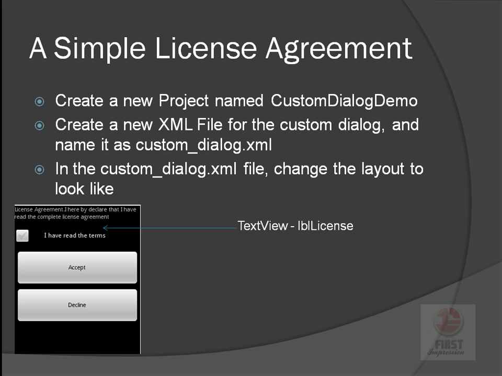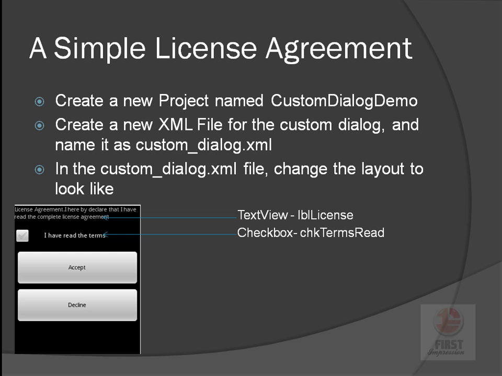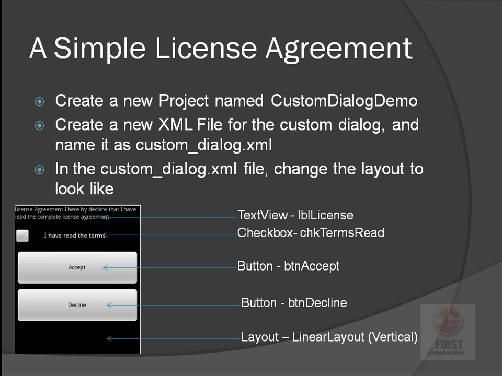The first control is a text view, the ID of it is LBL license. The second control is a checkbox with the name CHK terms read. The third control is a button, BTN accept. The fourth control is a button, BTN decline. And the layout type is a linear layout, which is vertically arranged.